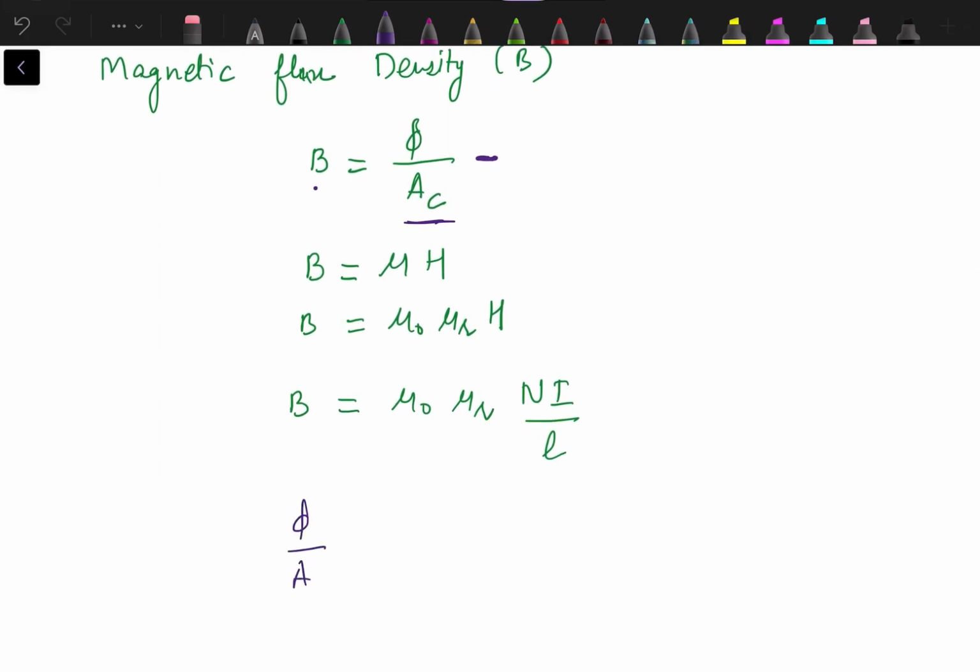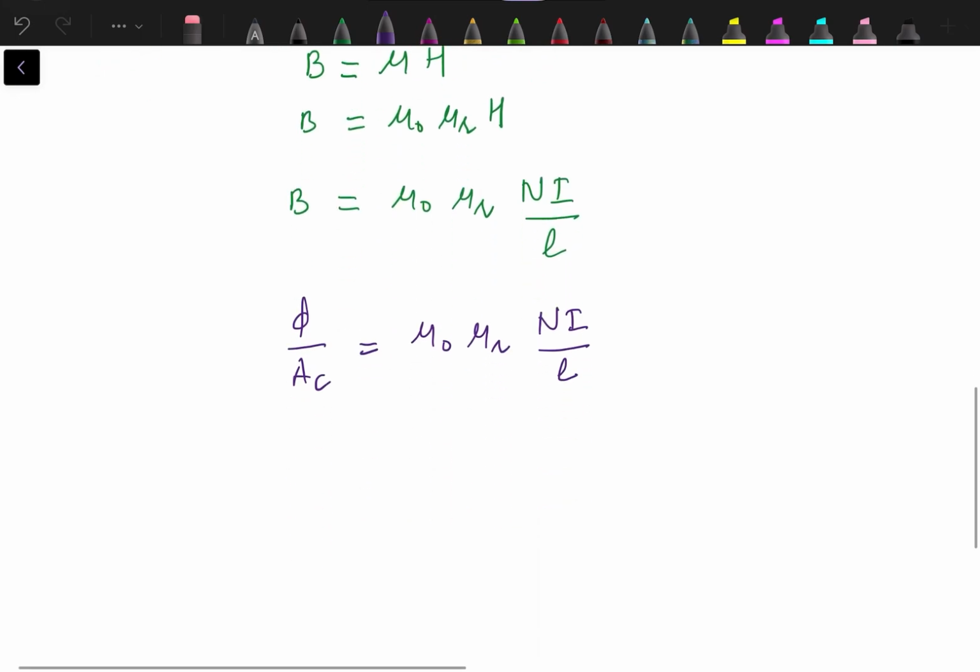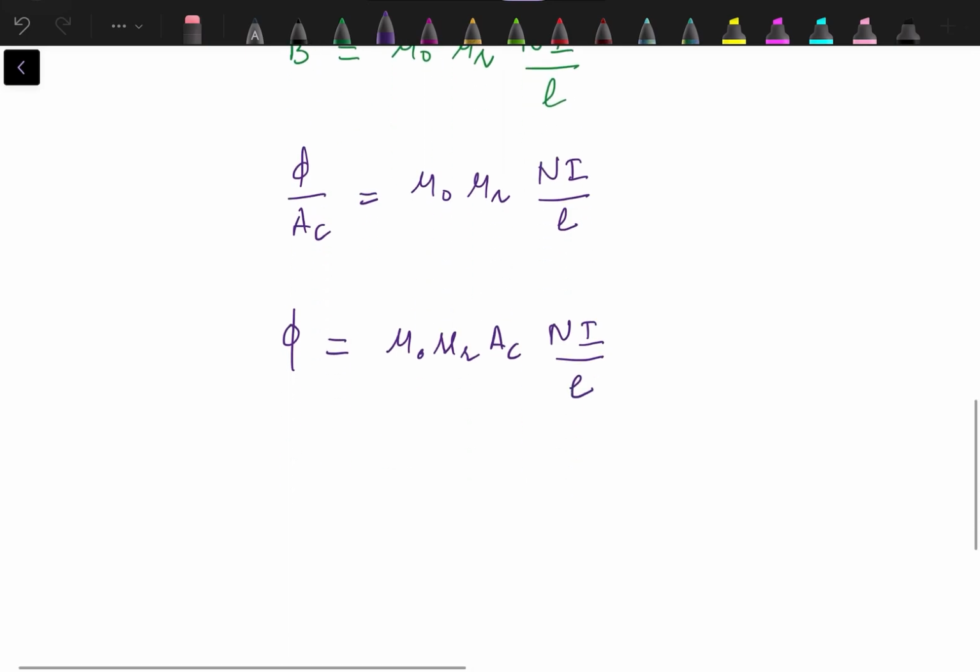So phi upon AC is equal to mu naught mu r Ni by L. If we take AC to the other side, we can write phi equal to Ni by L upon mu naught mu r AC.